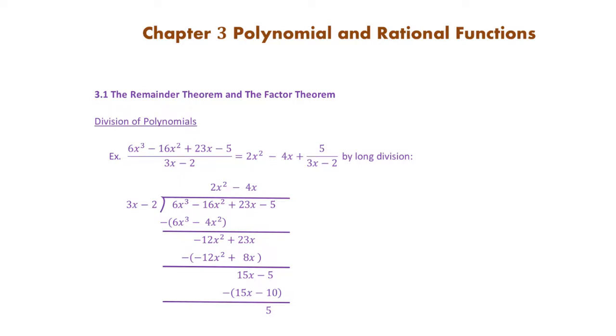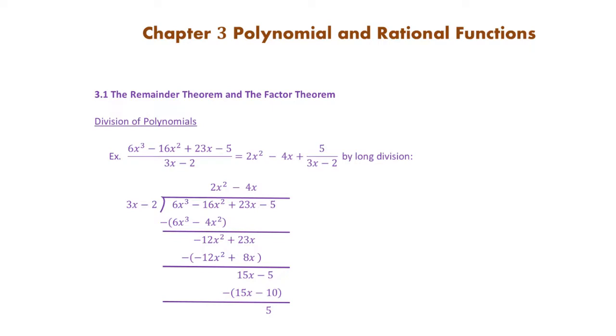Suppose you want to divide two polynomials. How do you do that? It will be the same way as you do division of numbers. That's called long division. You just make the table like this.